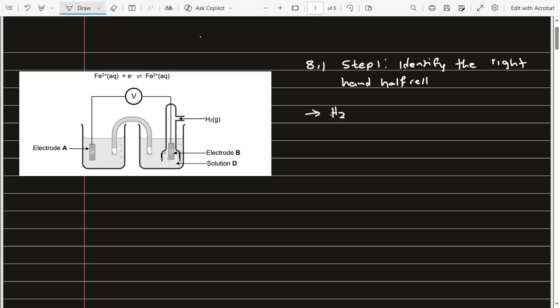So since it shows H2, we need to list all the things that we see on the diagram. We see H2. What else do you see? We see a platinum electrode.